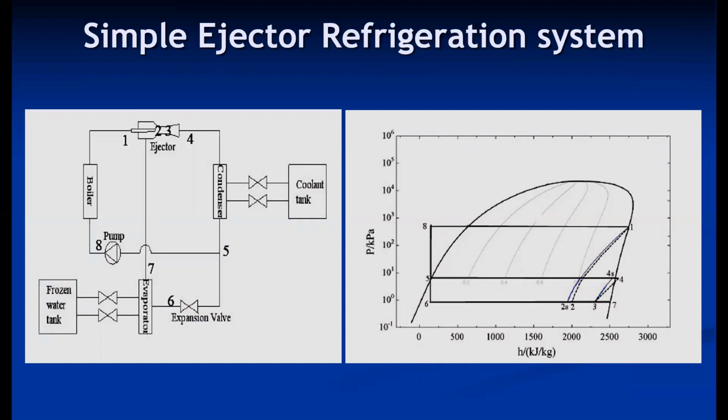In the vapor compression cycle, the compressor is the main source of energy consumption and consumes a lot of energy. That's why it is necessary to use some compressor-free systems. Because of this energy crisis, this simple ejector refrigeration system comes into the picture.